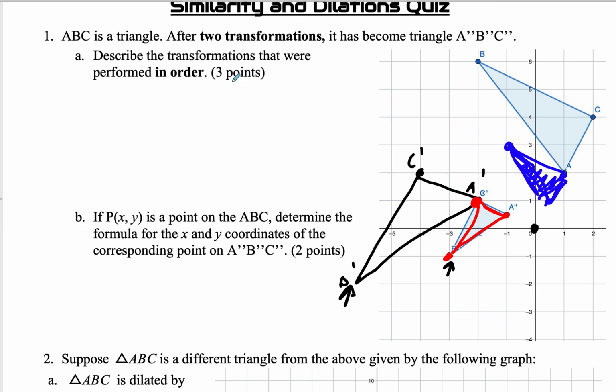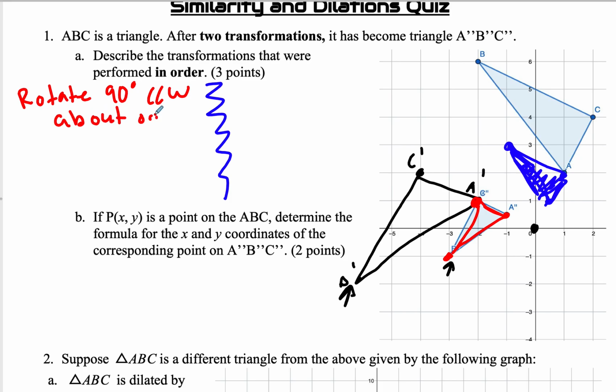So there's two ways to do it. The first way I'll show in red. This is rotate 90 degrees counterclockwise about the origin. So if you get your quiz back and I said about with a line, that means you didn't specify the point to rotate about.